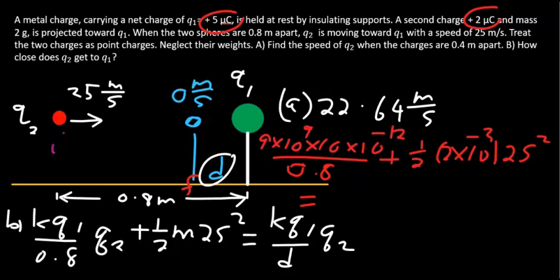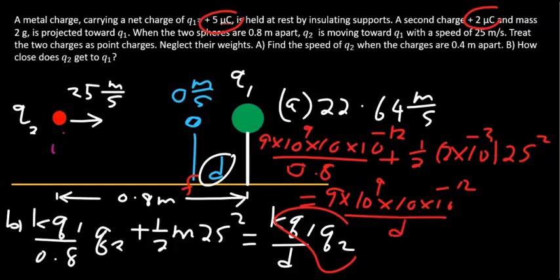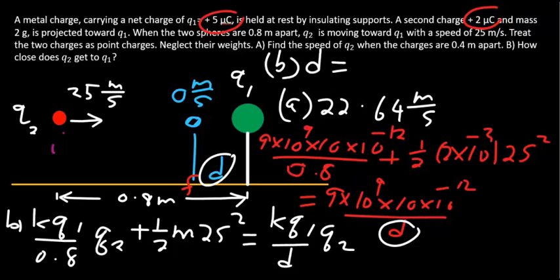And that equals, again, K is 9 times 10 to the power 9, the product of the two charges, 10 times 10 to the power minus 12, over the distance, which is d. In solving for d, you get the following answer: d equals 0.122 meter. So that is the point where Q2 stops. That is the closest distance of approach between the two charges.